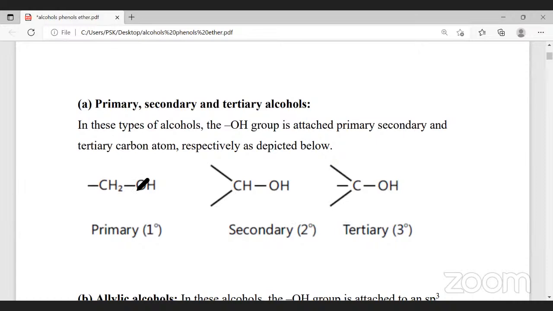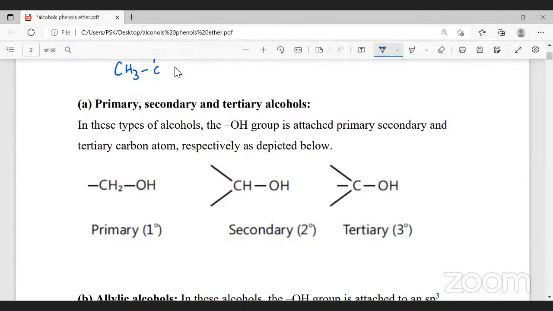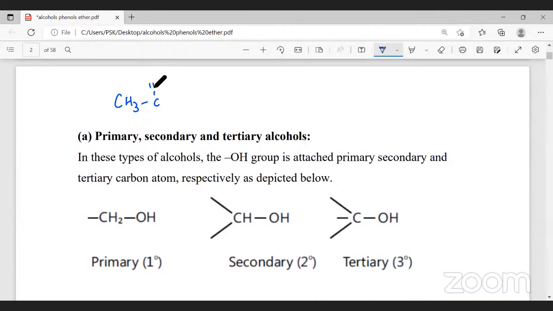Now, what is this primary carbon atom? If we take a molecule like this, CH3, CH2, OH, we can call this the primary carbon atom, 1 degree carbon atom. Why I call this a primary carbon atom is because this carbon is bonded to only one more carbon.